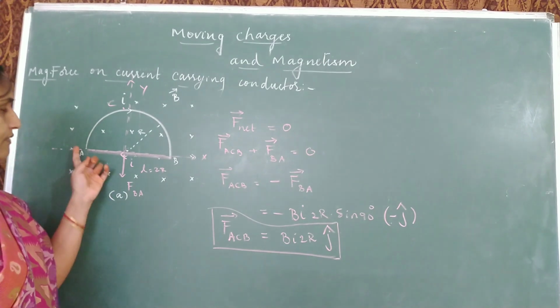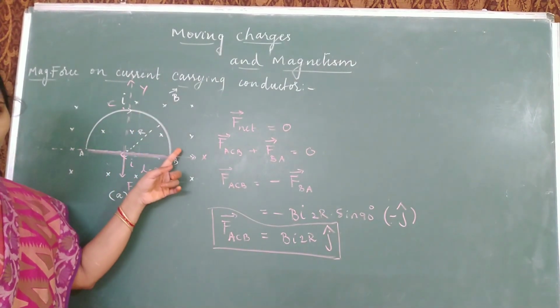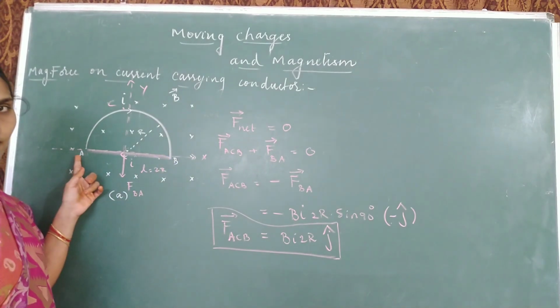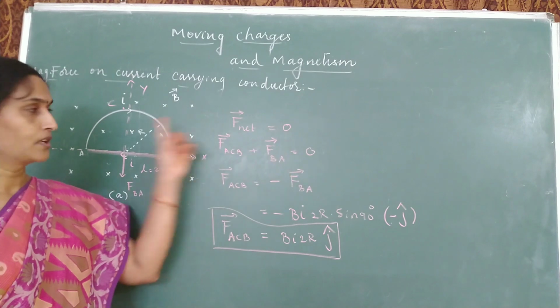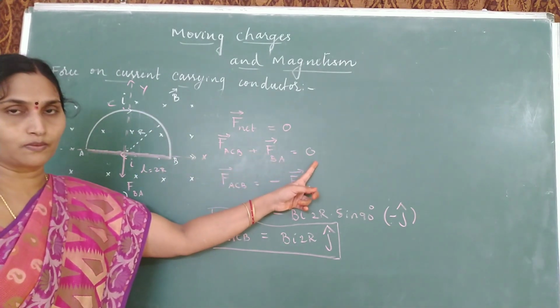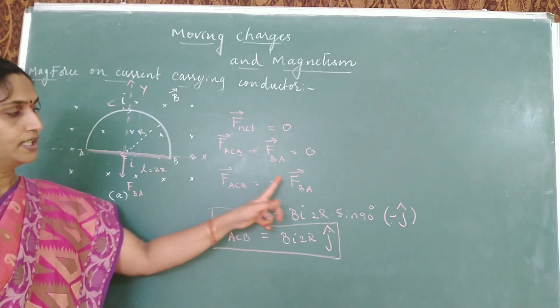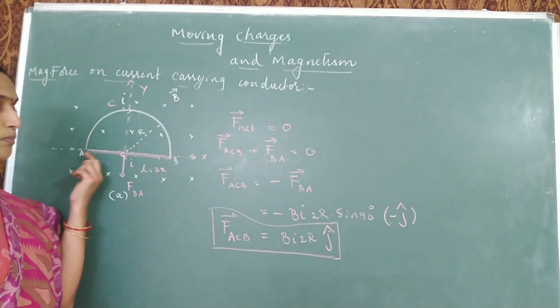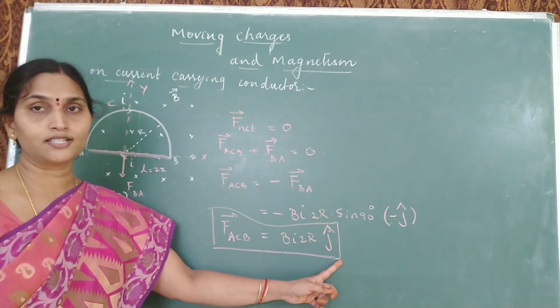Again I repeat, whenever you are asked to find the force acting on irregular shapes, close it. The net force acting on this closed loop should be 0. Force on the curved part plus the straight conductor should be 0. So the force on the curved part is minus the force acting on B to A, that's nothing but B I into 2r into J.